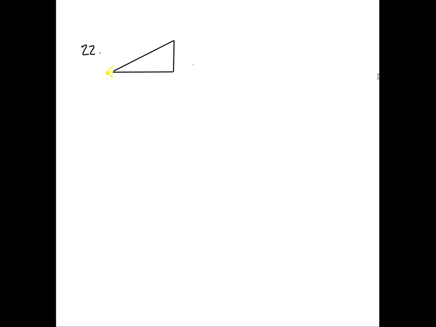Now we have a man who's 2 meters tall, walking along the x-axis from the spotlight towards the building at a speed of 2.2 meters per second. So I'm going to draw the man. There's the man. So this is kind of the figure that they gave you.